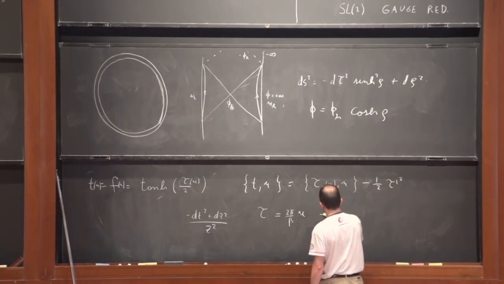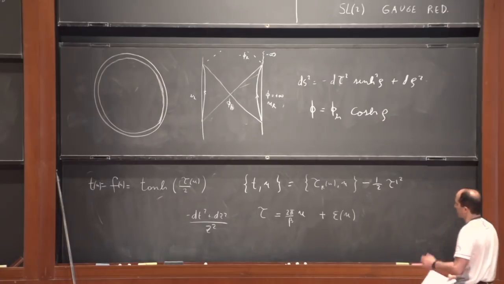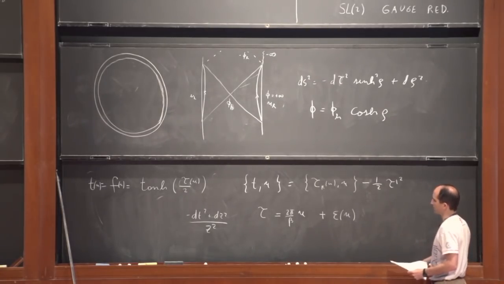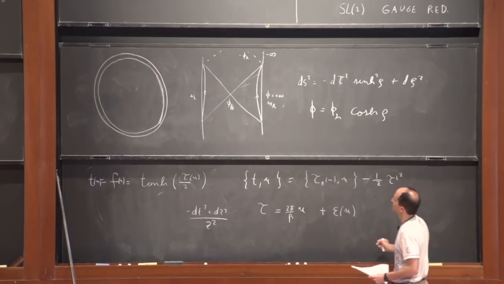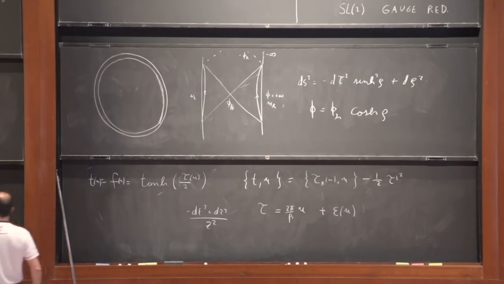So now let's consider small fluctuations around the solution by considering an epsilon of u. And we'll try to analyze what the equations of motion for epsilon are. That's, for example, necessary if you want to consider this trajectory and look at nearby trajectories.